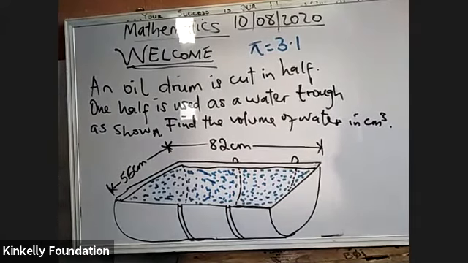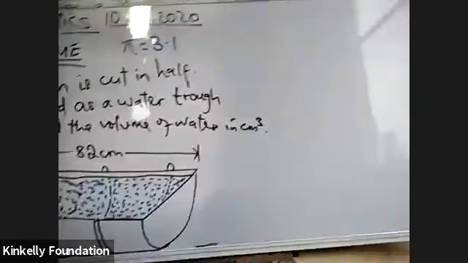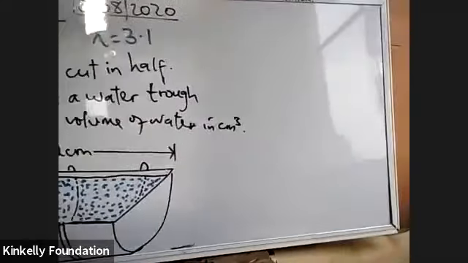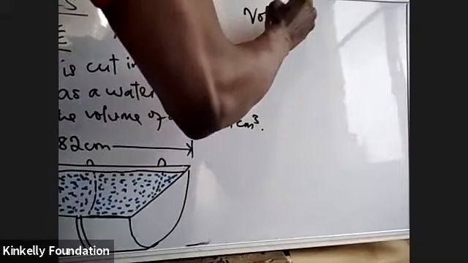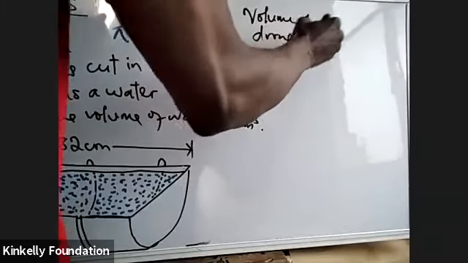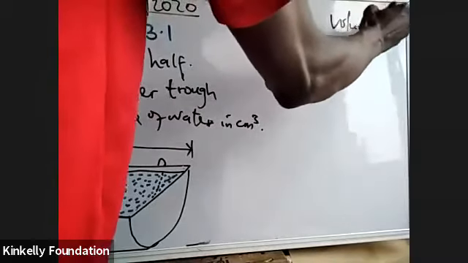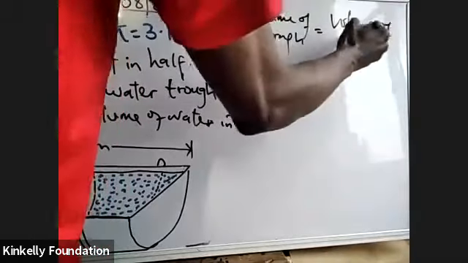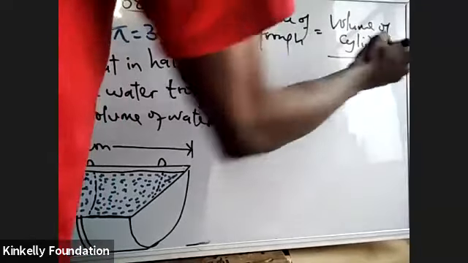Now we move to this side to solve this problem. Now we have that volume of the trough, which is the volume of cylinder, equals volume of cylinder divided by what? 2.